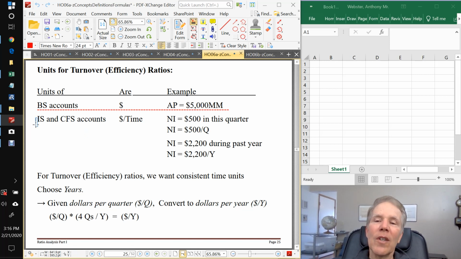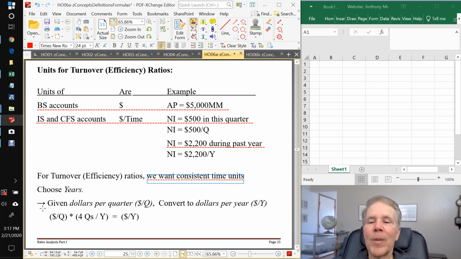And the units of all our numbers on income statements and cash flow statements are dollars per quarter or dollars per year, something like that, okay? And because we're mixing dollars with dollars and time in these ratios, the time units aren't going to cancel out. So we have to choose what time unit we want. We choose years, okay? So we want consistent time units for these ratios. So we choose years, okay?